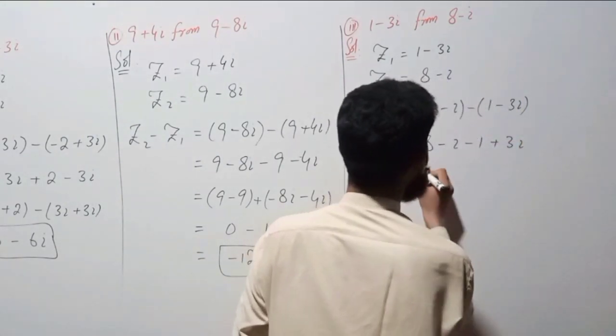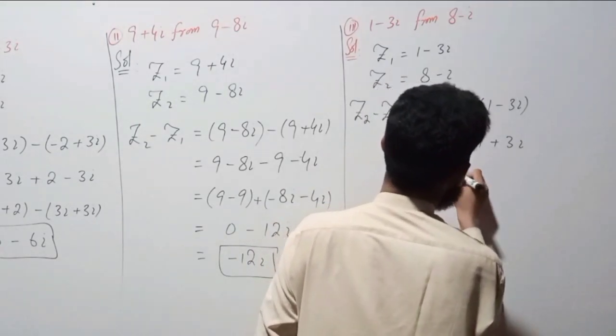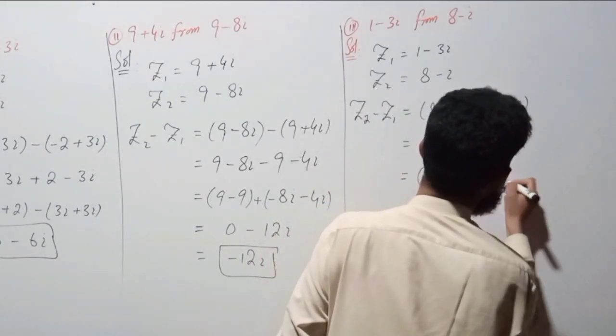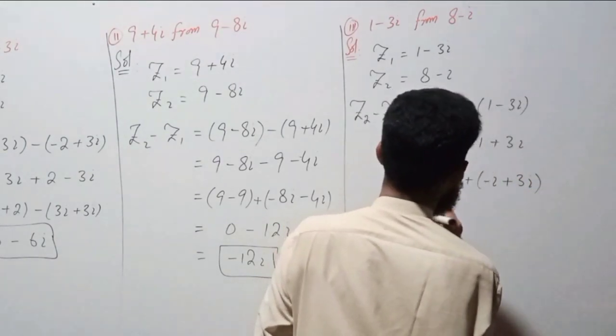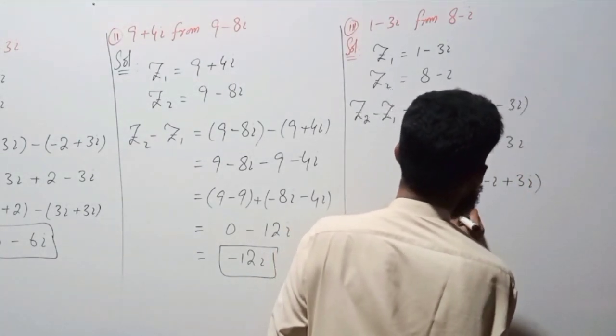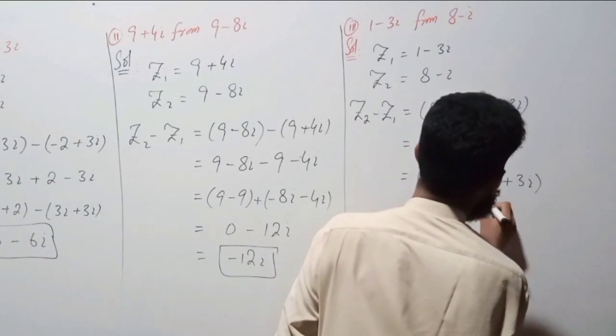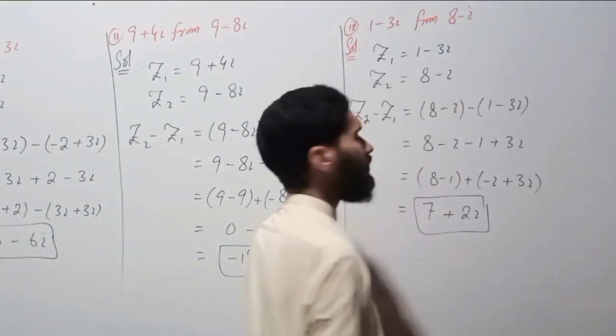Real part with the real part: 8 minus 1. Imaginary part: negative iota plus 3 iota. So the result is 7 plus 2 iota. This is the required result.